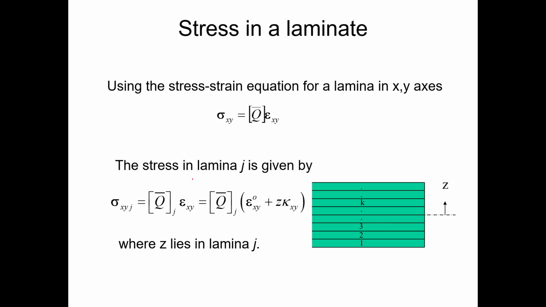Now the stress in lamina j, meaning any lamina here, is given by sigma xy j equals this certain stiffness matrix times the epsilon xy. Now epsilon xy can be expressed by these equations we have derived.